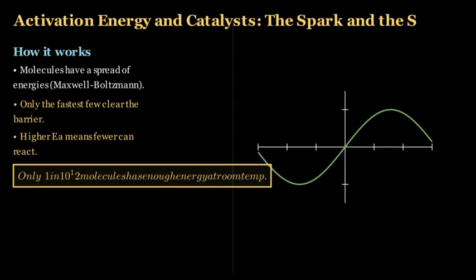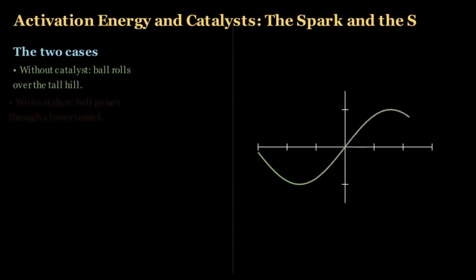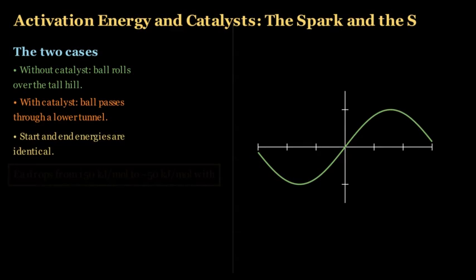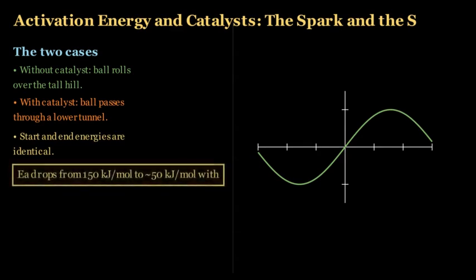So how do we speed things up without just making everything hotter? We find a shortcut. Imagine our ball and hill again. Normally, the ball has to go all the way up and over the peak. That's the uncatalyzed reaction. Now imagine someone digs a tunnel straight through the hill, much lower down. The ball can roll through that tunnel instead. The start point and the end point haven't moved.